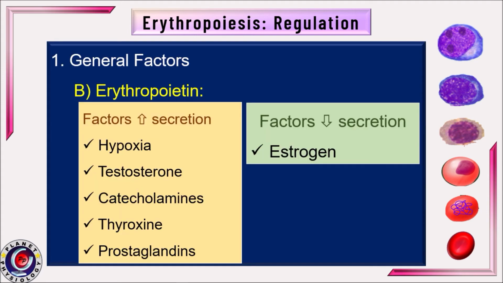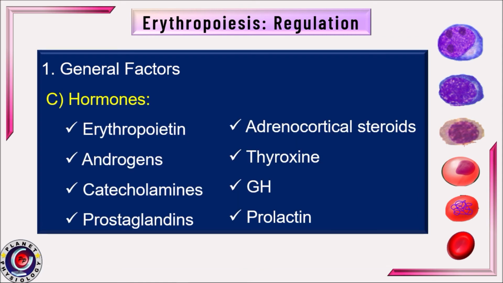So apart from hypoxia, hormones like testosterone, catecholamines, thyroxine and prostaglandins also stimulate erythropoietin secretion, whereas estrogen inhibits secretion of erythropoietin. The third part under general factors is hormones. We have already seen erythropoietin.